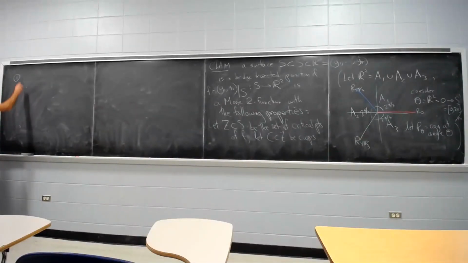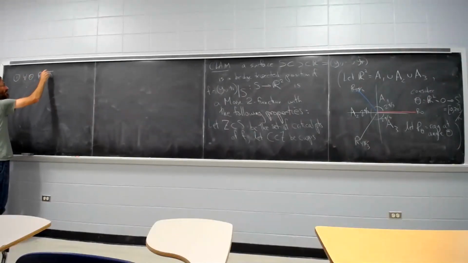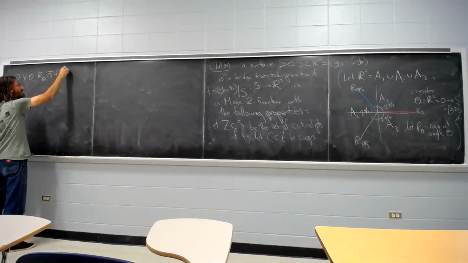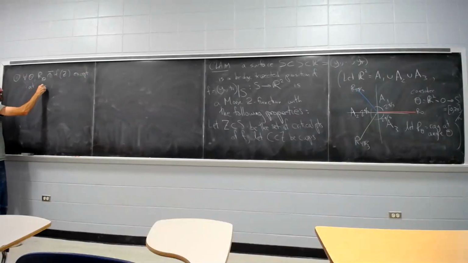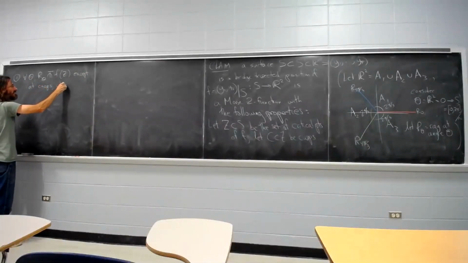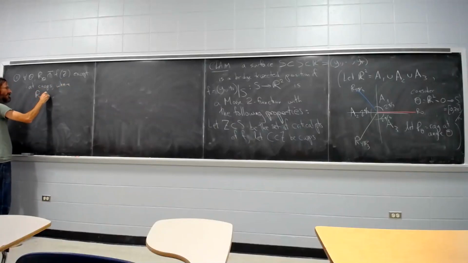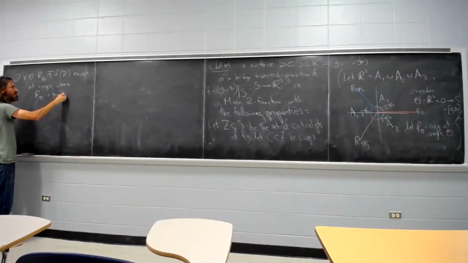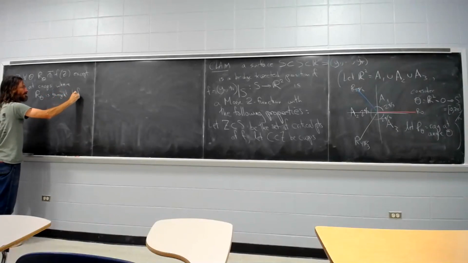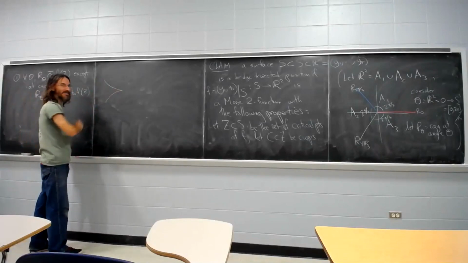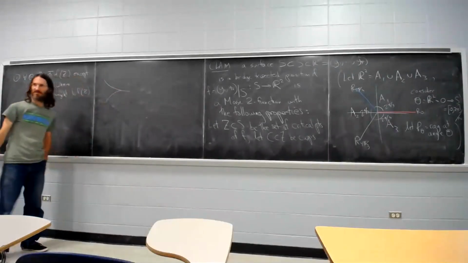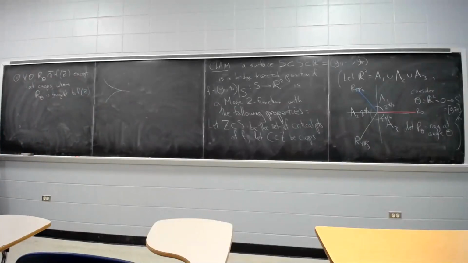So for each theta, R sub theta is going to be transverse to f of Z, except at the cusps, where R sub theta is tangent. The cool thing about a cusp is there's still a well-defined tangent direction. Even though your map is not immersed, there's still a tangent direction.